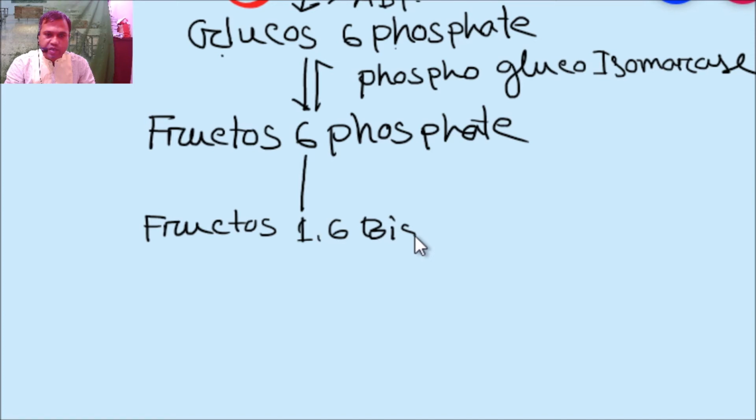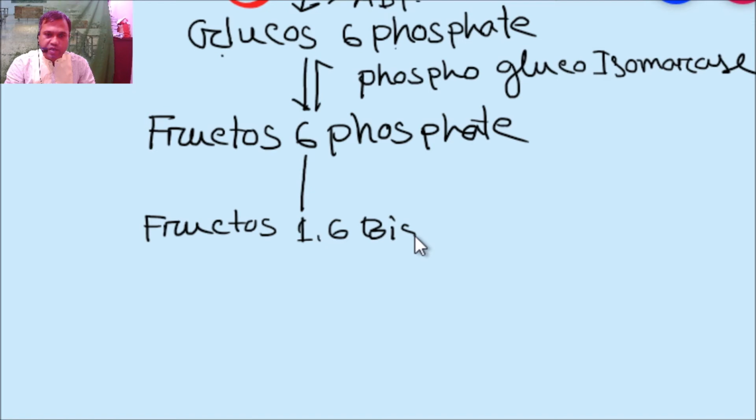Next, this 3-phosphoglyceraldehyde turns into 1,3-bisphosphoglyceric acid.